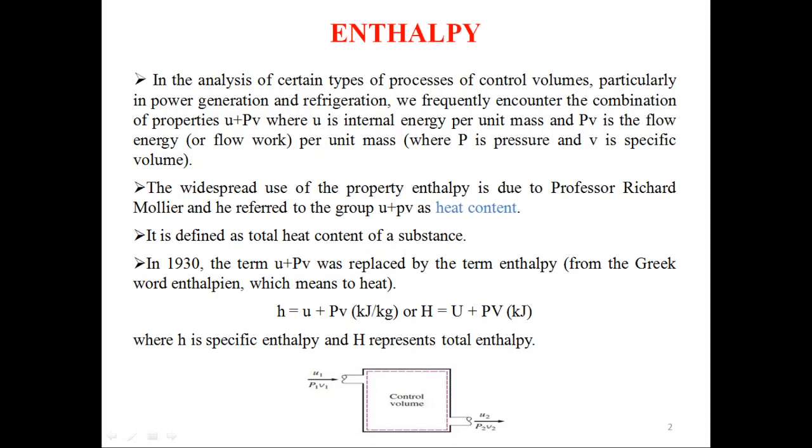The widespread use of the property enthalpy is due to Professor Richard Mollier, and he referred to the group u plus Pv as heat content. It is defined as the total heat content of a substance.